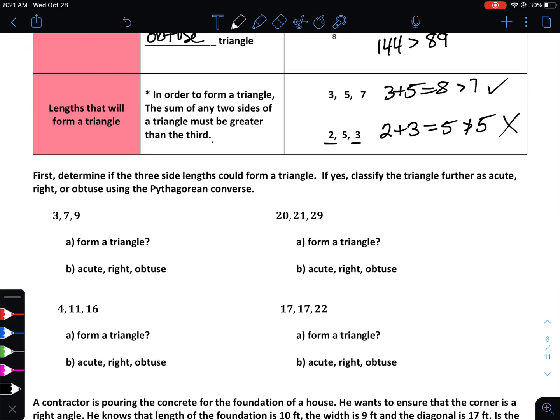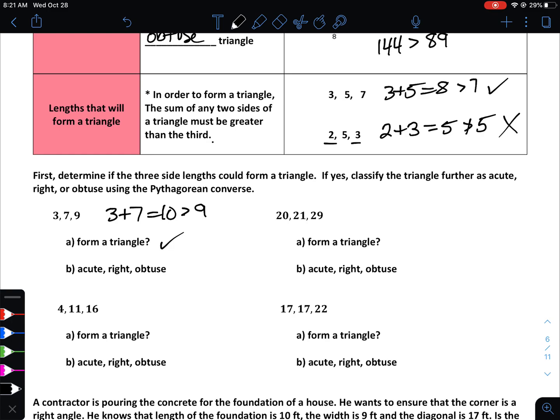All right, so let's take a look at some examples of how this works. Our first example is 3, 7, and 9. First off, can they form a triangle? Well, 3 plus 7 is 10. 10 is in fact more than 9, and so yes, they do work to form a triangle.